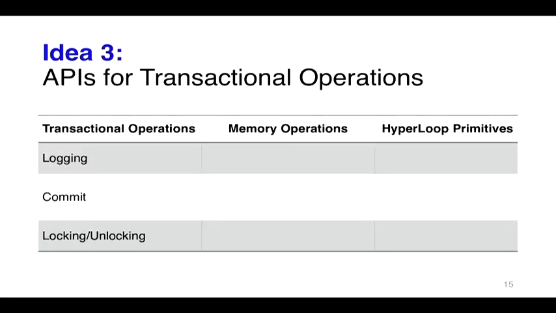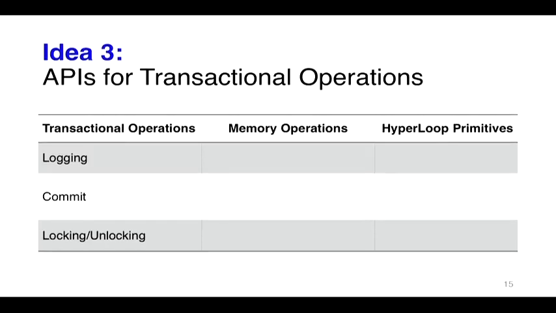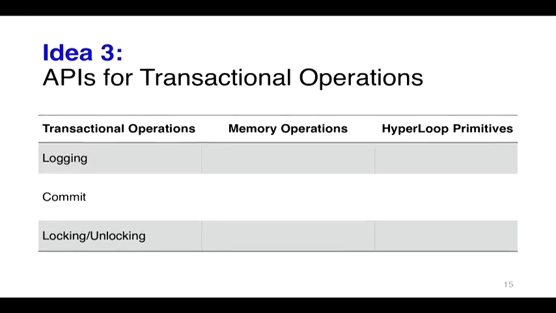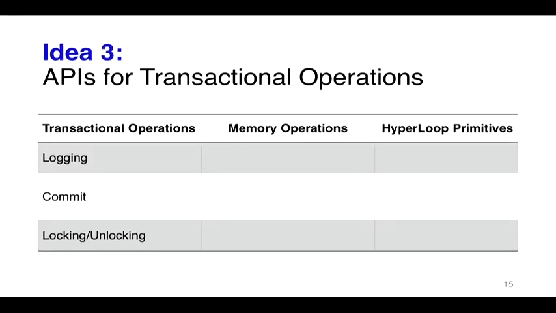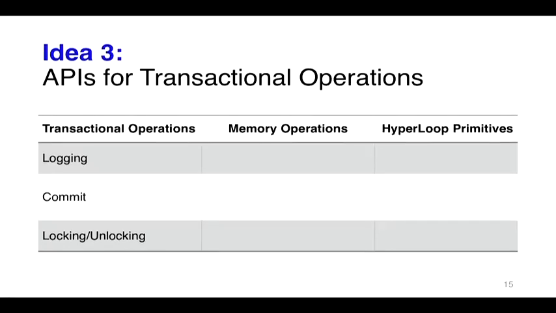Okay, then the only thing remaining is making the NIC execute transactional operations. As mentioned earlier, existing RDMA primitives do not support some key transactional operations such as commit and locking. Fortunately, we show by construction that it is indeed possible to abstract those transactional operations into memory operations.